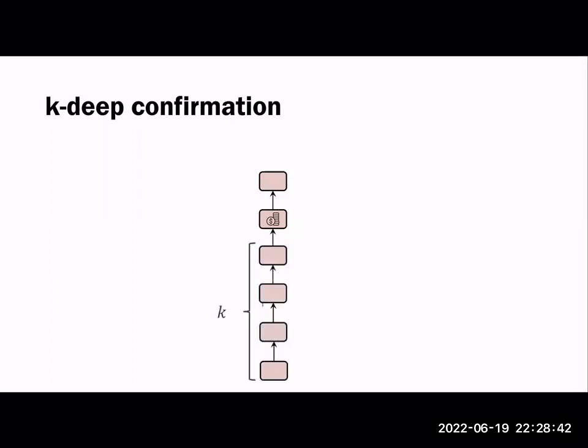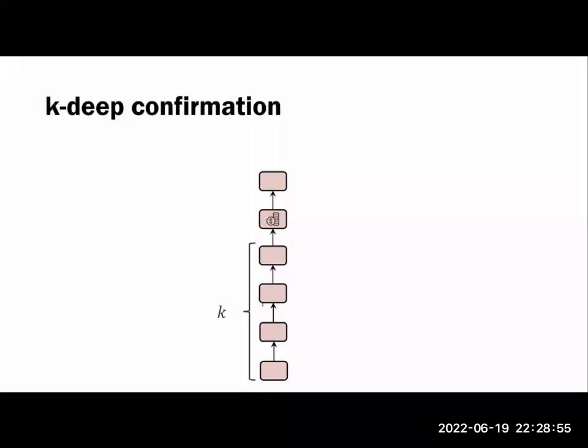And this is the K-deep confirmation rule of Nakamoto. So Nakamoto says, don't confirm immediately, but confirm only when the block is K-deep. So what does that mean? Let's think. It waits until K blocks are in the blockchain, in the view of the node.